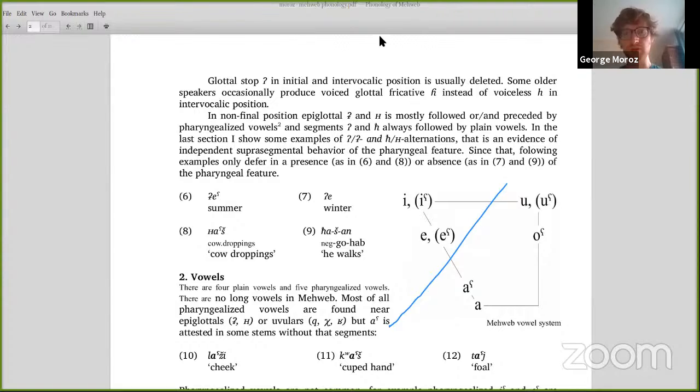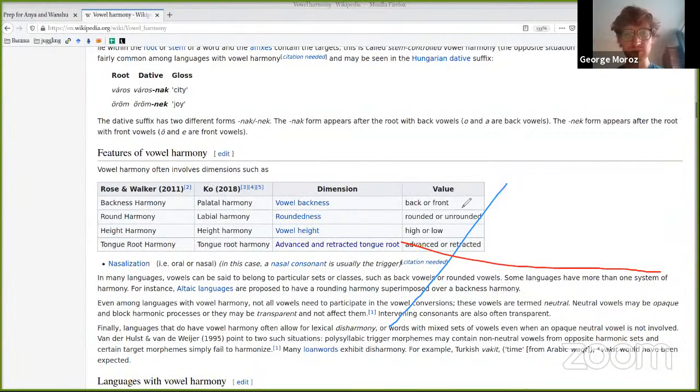It could be like this, where you care about whether it's low or high. And it is also possible to have what they have over here: vowel backness, vowel height, roundness. Yes, roundness. This is in Turkic languages, where you have assimilation depending on whether your vowel is round or not.